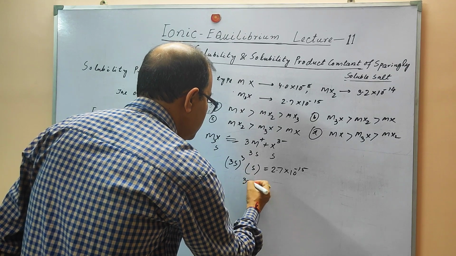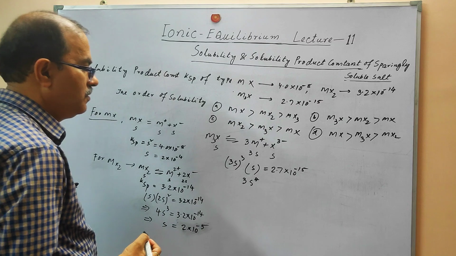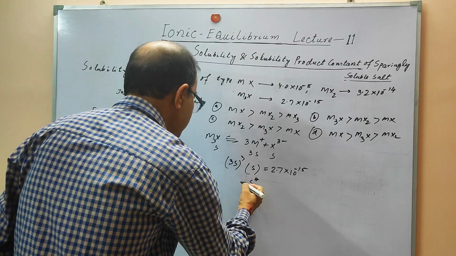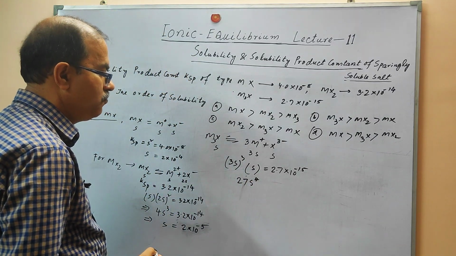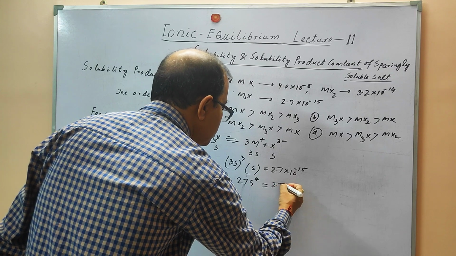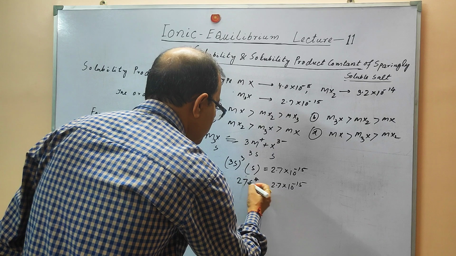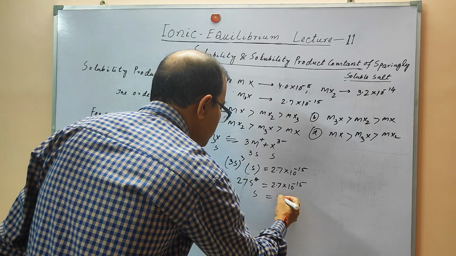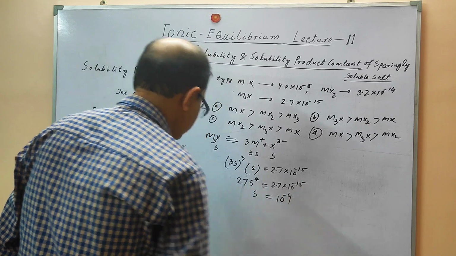So we get 3S to the power 3, that's 27, it will be 27 S to the power 4. This will be coming around 2.7 × 10^-15. The 27 will cancel and we get S equal to 10^-4.